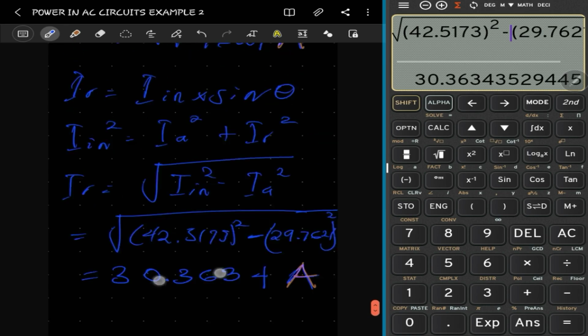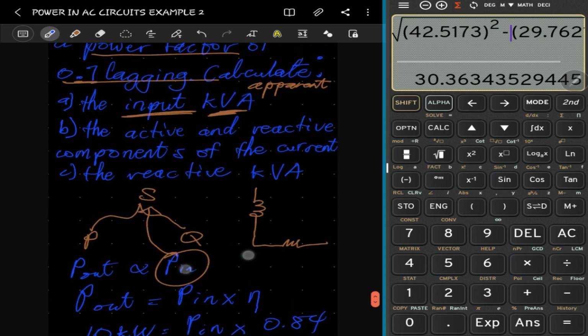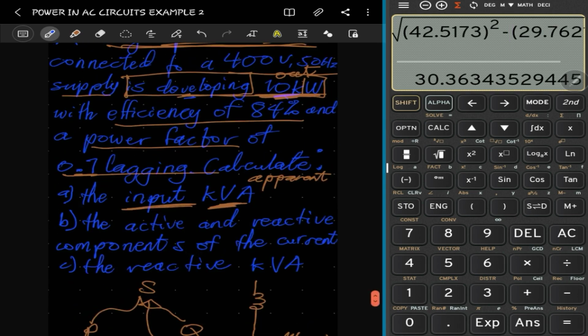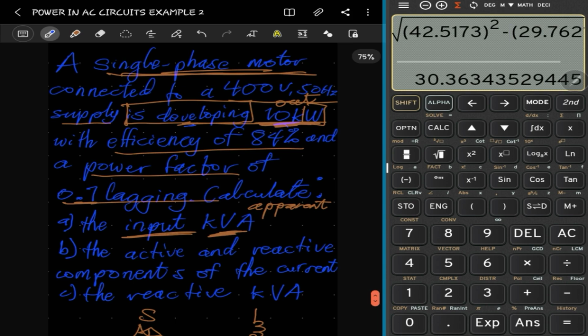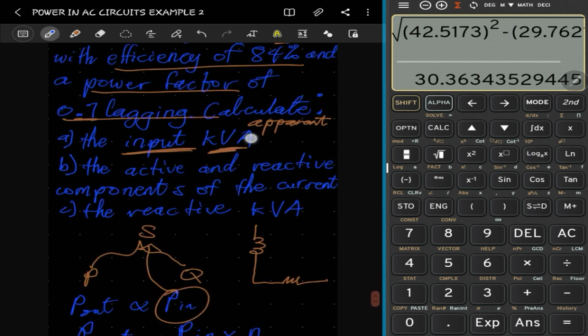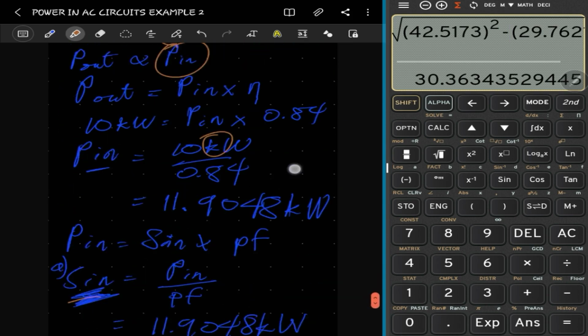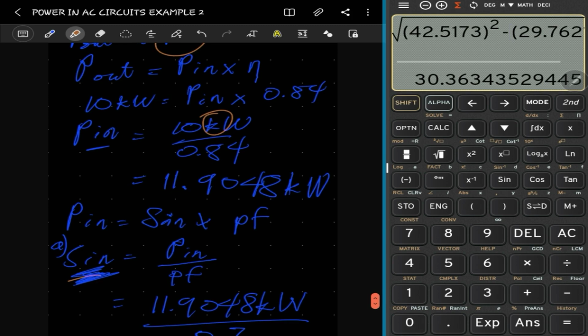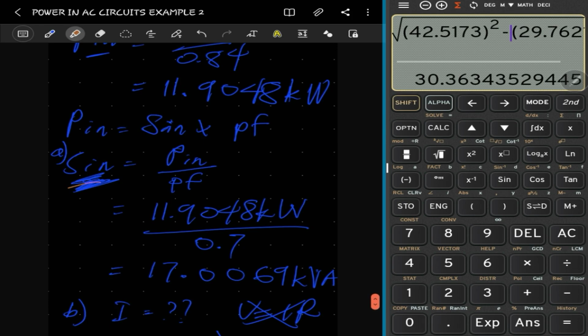Okay, so now we saw that as well. What are we trying to find now? We are trying to find the reactive kVAR, right? Then again, they didn't specify whether the input or output. Apparent power is composed of the active and the reactive, right? And which ones do we have?